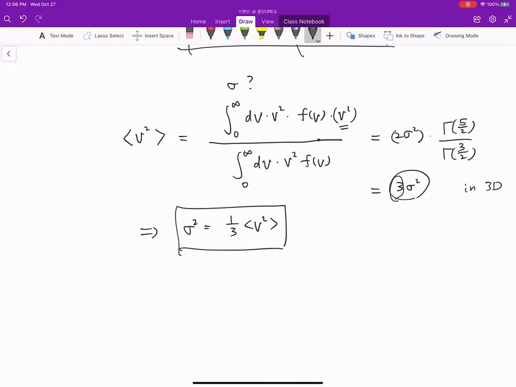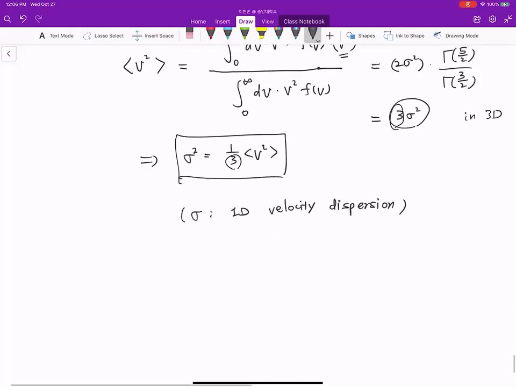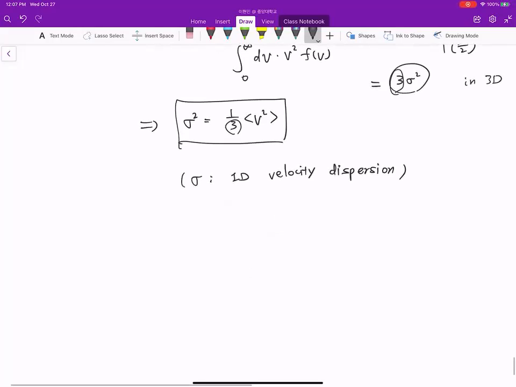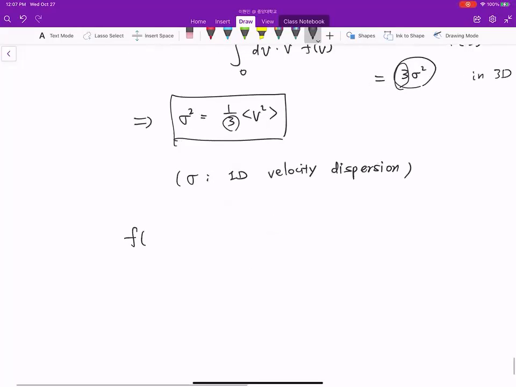So sigma is the 1-dimensional velocity dispersion, and we have a 3 because we are averaging over 3 dimensions. Then we can also determine the normalization factor.